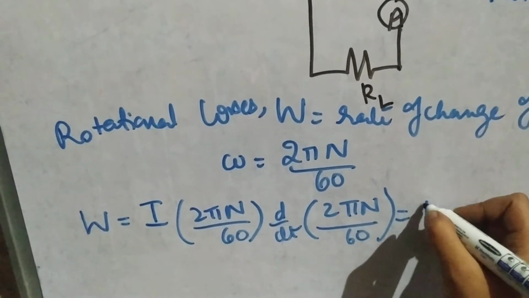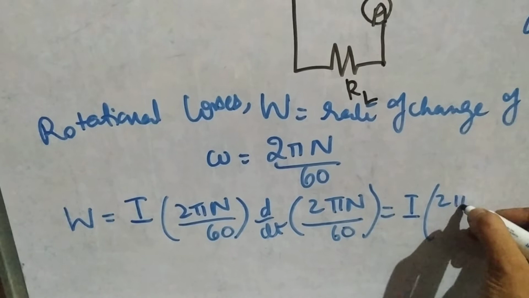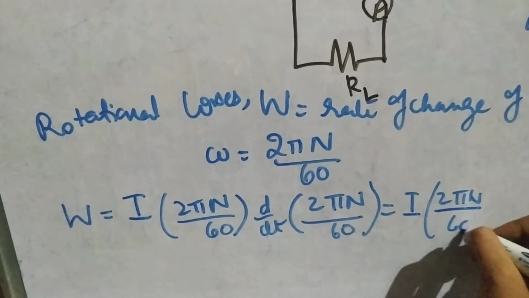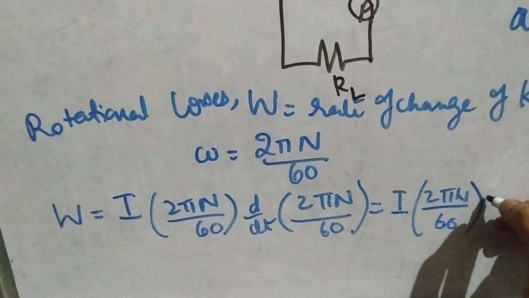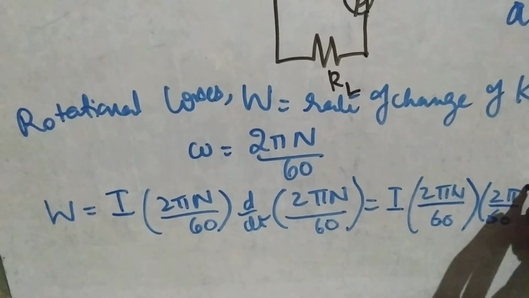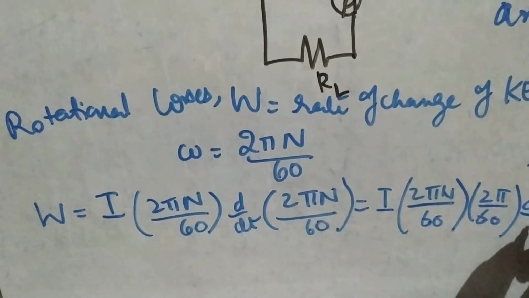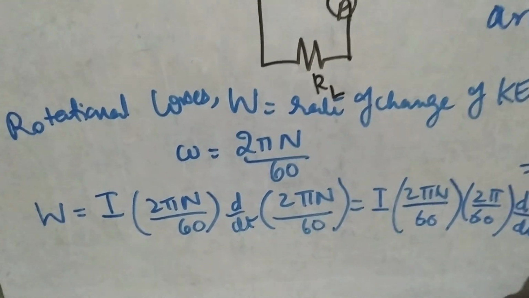When you simplify, we get 2 pi n by 60 multiplied by 2 pi by 60 into dn by dt.